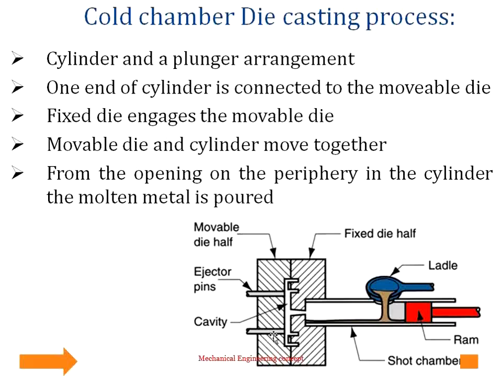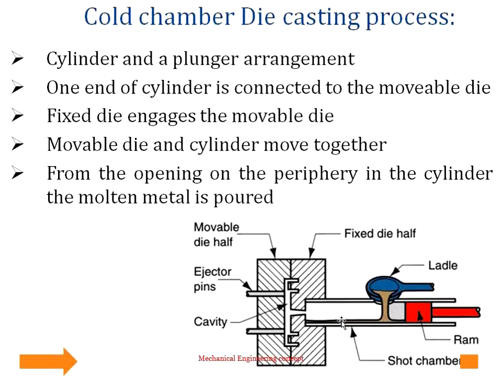Now the steps involved in the process: first, a cylindrical chamber called the cold chamber, so called because it is not a part of the melting or charging unit, is fitted with a freely moving piston and is operated by hydraulic pressure.